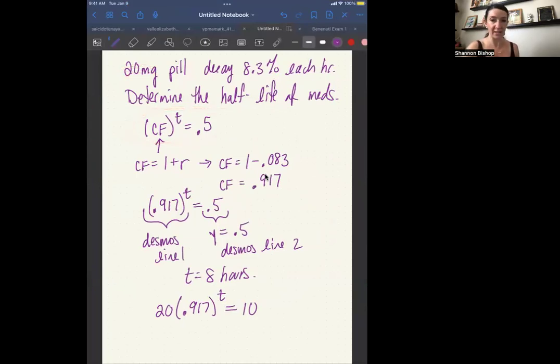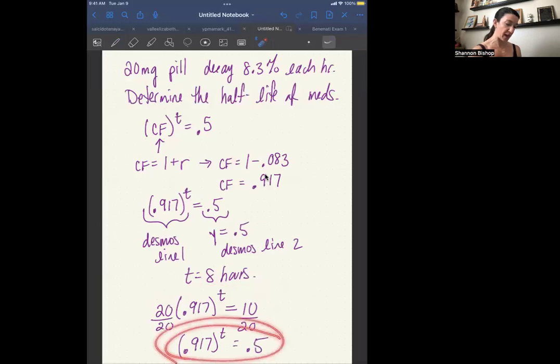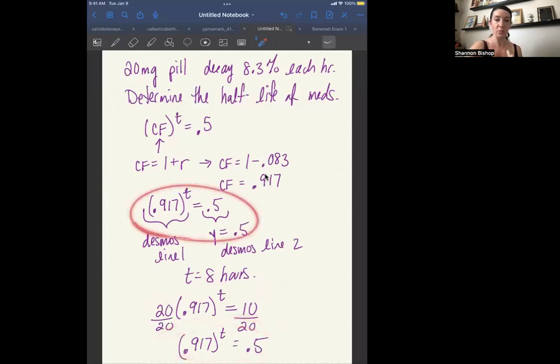The reason why is that if we were solving this equation algebraically, the very first thing we would do is divide by 20. And what is 10 divided by 20? Spoiler alert, it's 0.5.